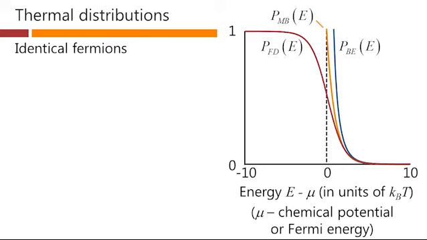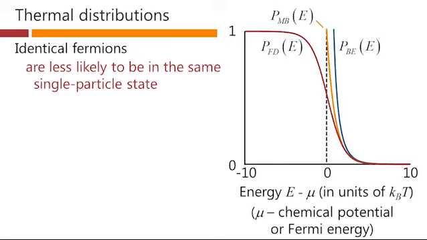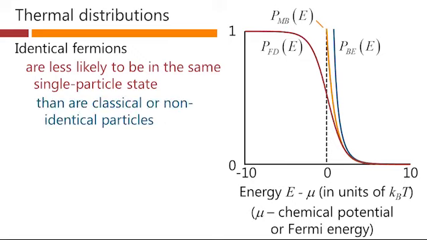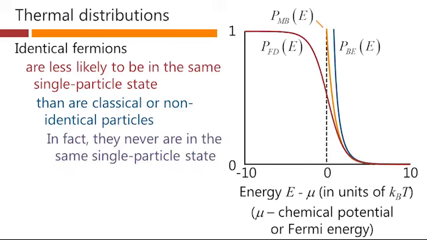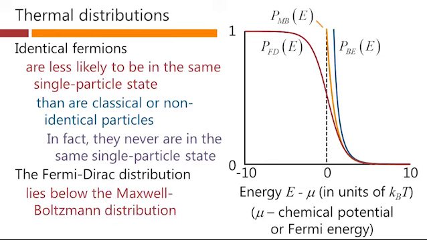For identical fermions, they are less likely to be in the same single particle state than are classical or non-identical particles. In fact, of course, they are never in the same single particle state. The Fermi-Dirac distribution lies below the Maxwell-Boltzmann distribution and the Bose-Einstein, and as I said before, it saturates up to 1 here.